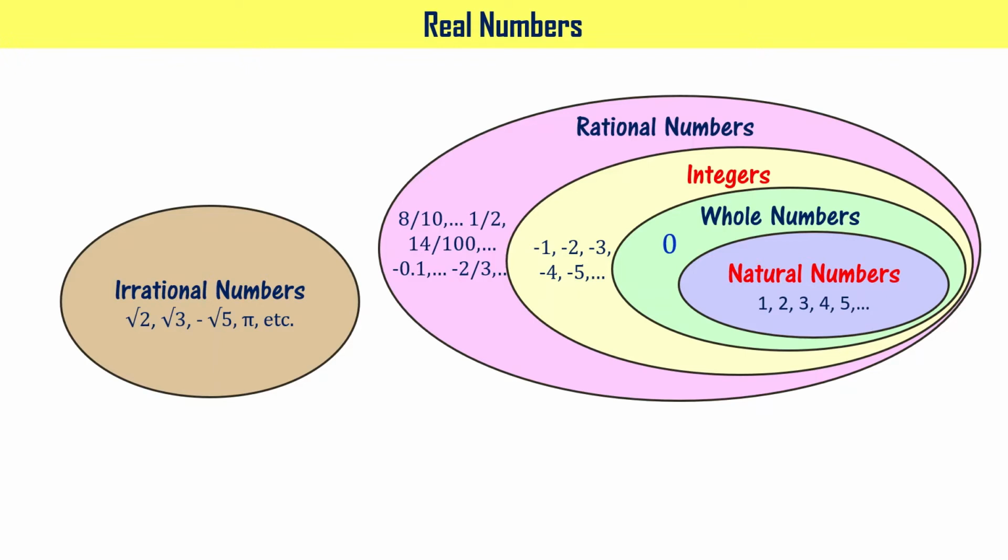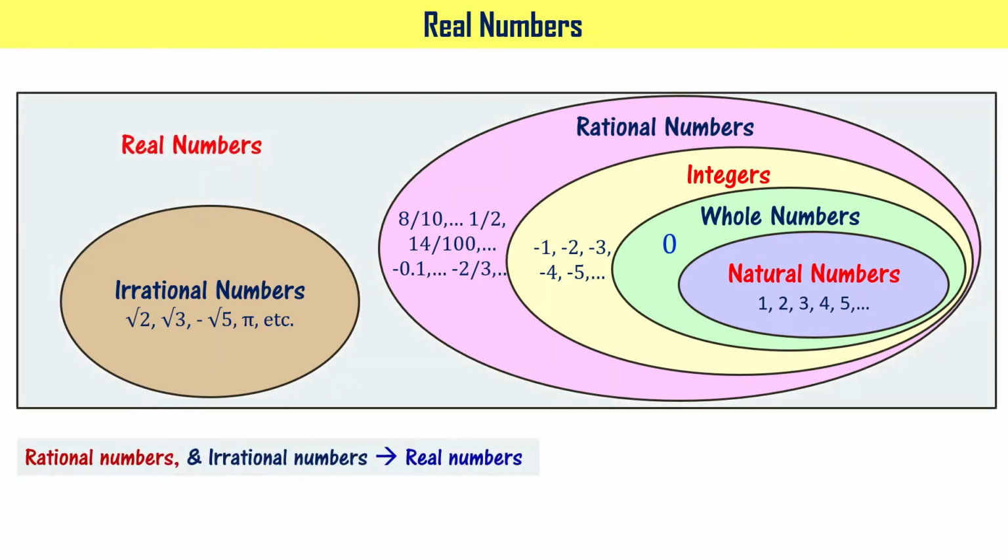Or in other words, these numbers have a decimal expansion of non-recurring, non-terminating type. Got it? So when you put rational numbers and irrational numbers together, what you get is real numbers. In other words, real numbers are a collection of rational numbers and irrational numbers. Got it? Real numbers are represented using capital R. Please note this.